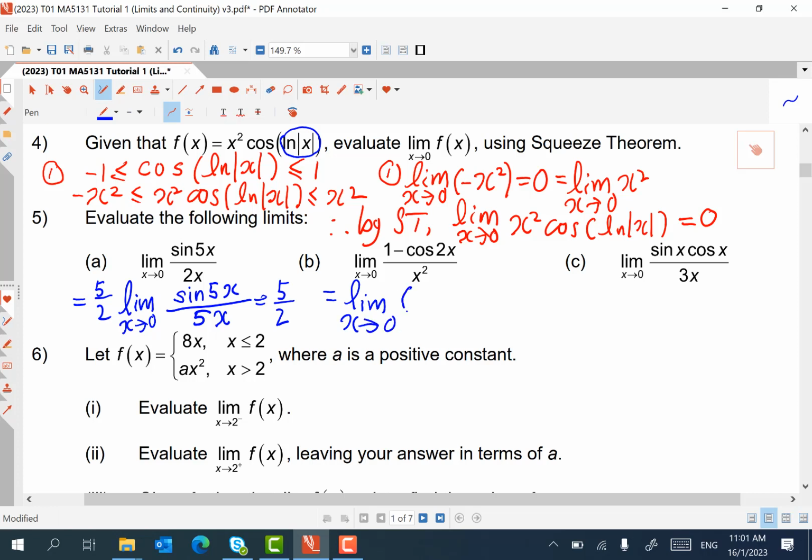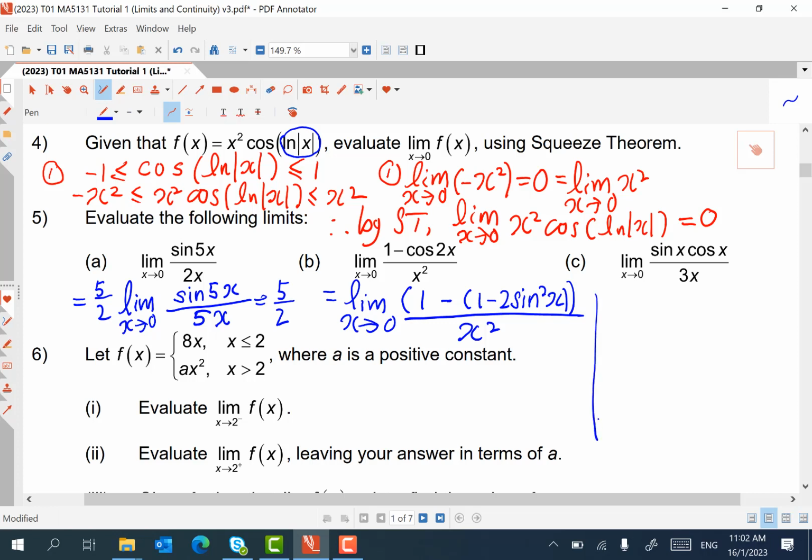You just rewrite it. Aiden says he wants to use the squeeze theorem for part A. See, he's working. For 5B, if you use the trigo identity, you're quite fast.